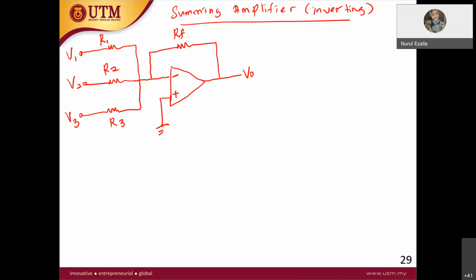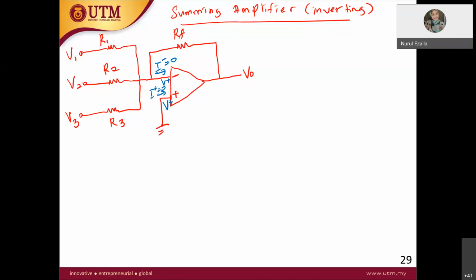You have V minus, and then you have V plus over here, and then you know that the current at the negative input equals 0. So this is V plus, so the current here is 0, and the current here is also 0.